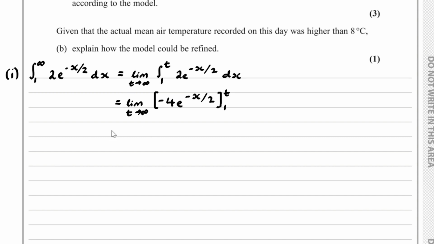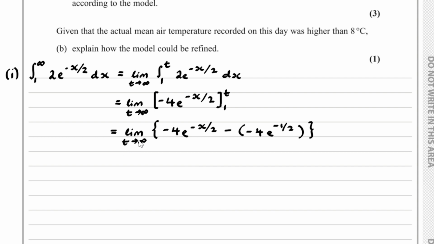So, if we work this out, well, we still have the limit as t tends towards infinity, and working this out, we have minus 4e to the power of minus x over 2 minus 4e to the power of minus 1/2.